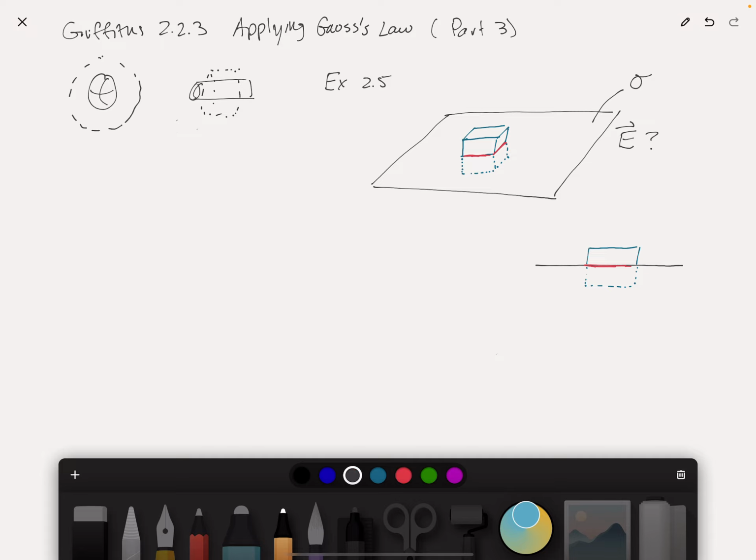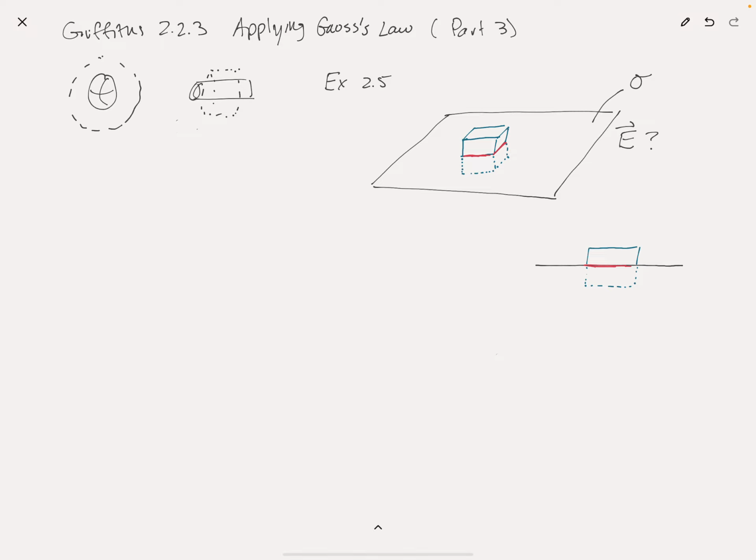So the question then becomes, what is the electric field? The tool that we're going to use is Gauss's law. In integral form, Gauss's law tells us that the surface integral of all of the electric flux must be equal to 1 over epsilon naught times the charge enclosed by that surface.